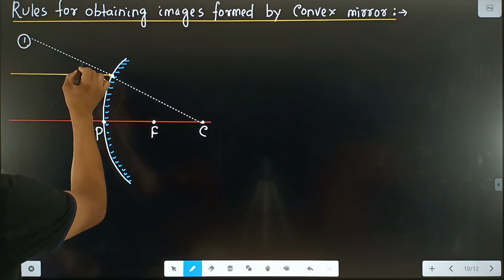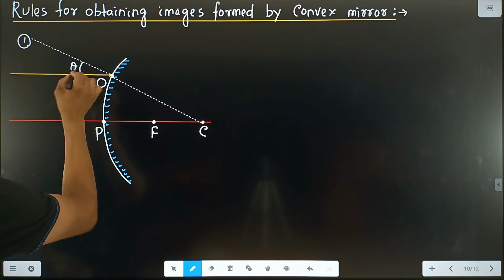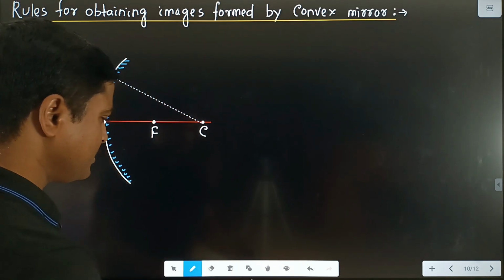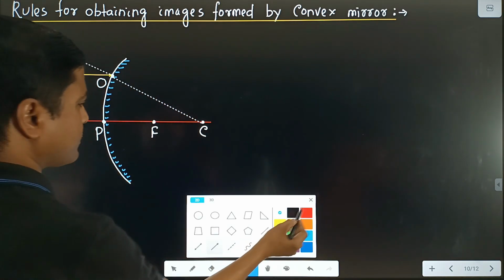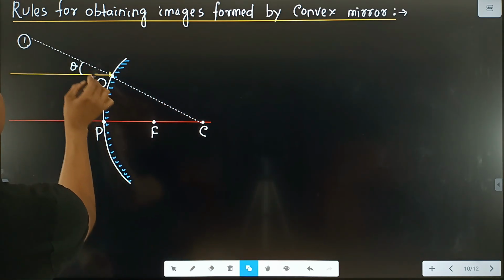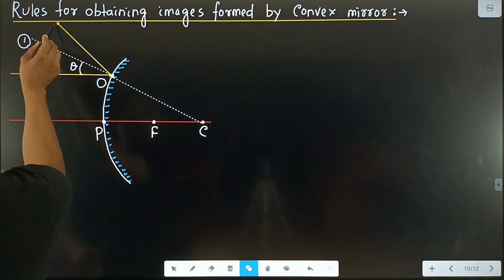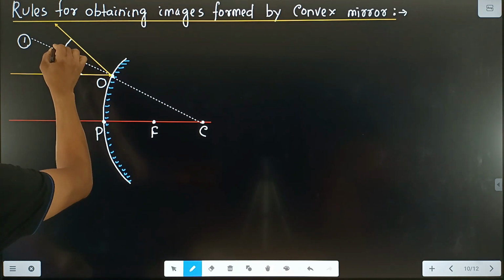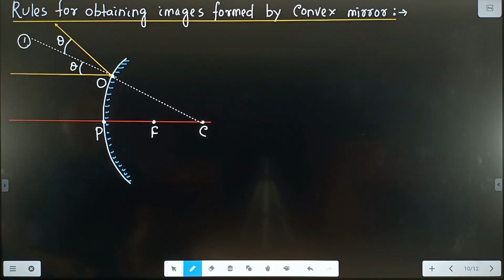So this is the angle of incidence. Suppose that is theta. With equal angle, the ray is returned back into the same medium. So we draw the reflected ray. This one is the reflected ray. Clear? And this is the angle of reflection, we write that is theta.